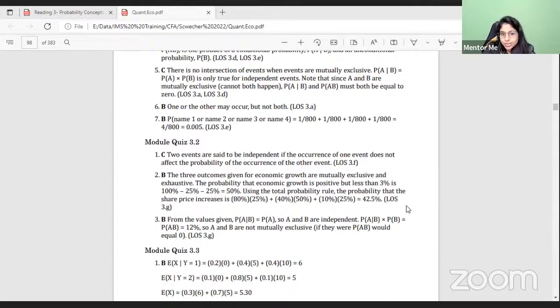So 25% into 80% plus 50% into 40% plus 25% into 10% will give us the probability of the share price going up irrespective of any condition. When we calculate joint probabilities, we are calculating based upon a condition. When we have all the conditions and their respective probabilities accounted for and add them all, we get the total probability of that event happening. So once you do the maths, what do you get?